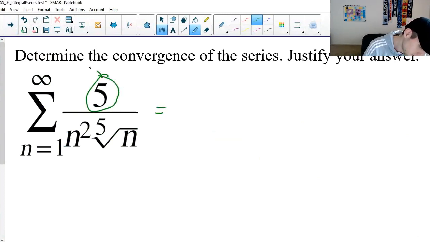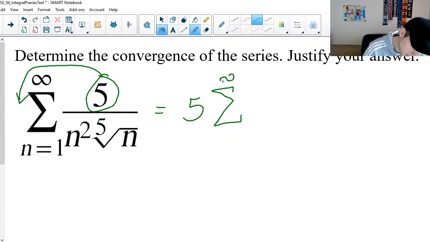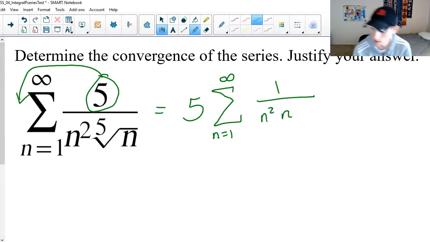So first thing I'm going to do, I can bring my coefficient out. That was one of the properties of series that we talked about last time. I'm going to rewrite the n squared, and then the fifth root of n, I'm going to write as n to the 1/5.